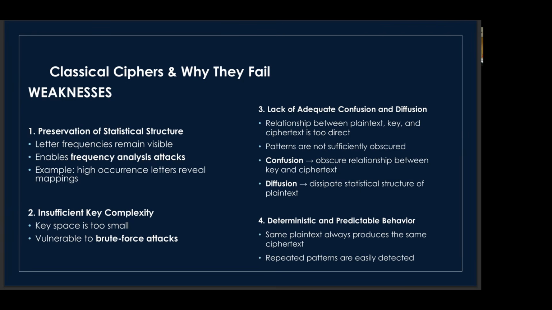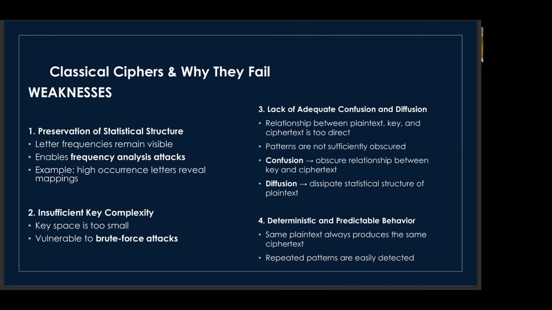What do I mean by confusion? Obscuring the connection between key and ciphertext, making it difficult to guess the relationship. Diffusion is dissipating the statistical structure of the plaintext.